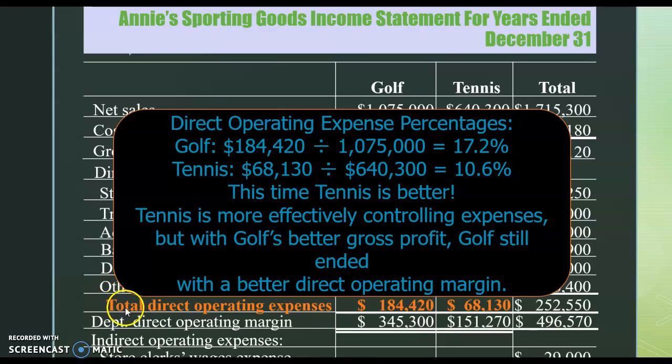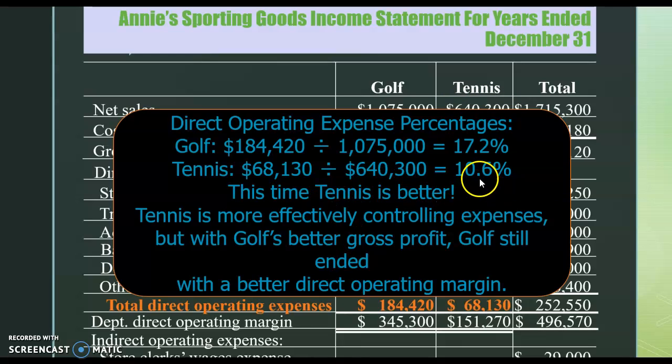Okay, I can also take a look at the direct operating expenses percentage. So I take just the total direct operating expense divided by sales. Golf had 17.2% of their sales ending up in direct operating expenses. With tennis, I took their total direct operating expenses divided by their total sales, and I get 10.6%.